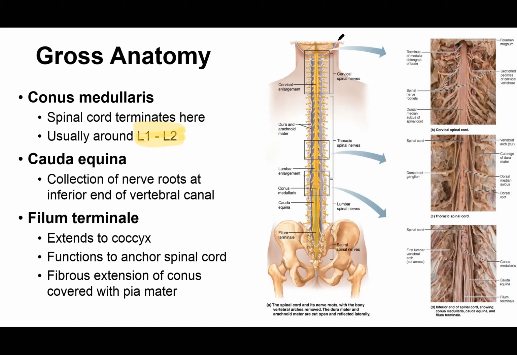So the next structure is the cauda equina, which is the structures just below the conus medullaris. And cauda equina literally means horsetail. And so this structure is called the horsetail because it looks like a horse's tail.